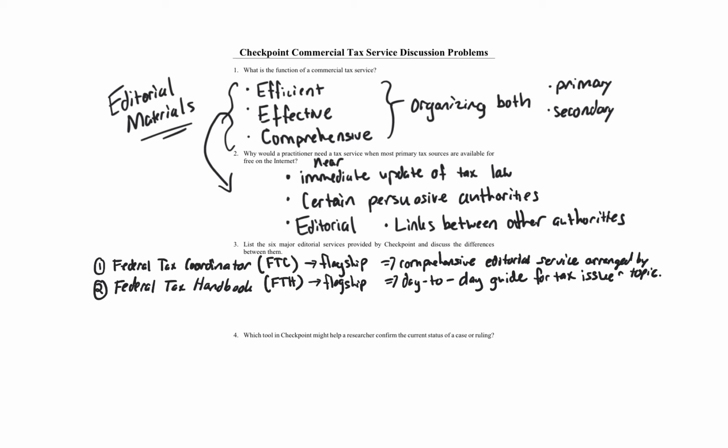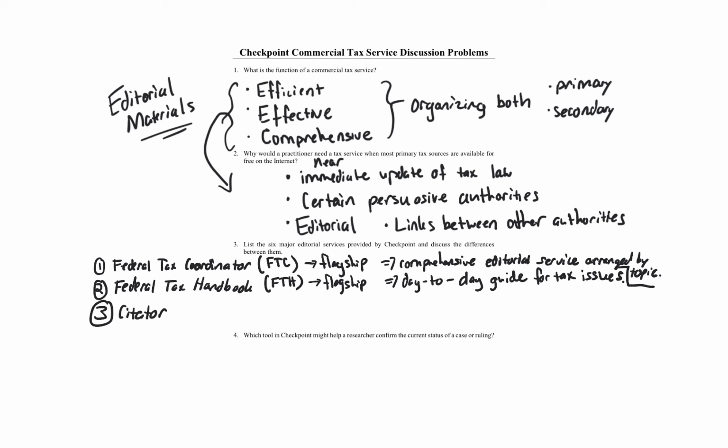One thing you're going to notice with the Federal Tax Coordinator is that it's very comprehensive, it's very big, very long. This is more summarized for just overall issues that you're more likely to see regularly. The Federal Tax Coordinator covers even more. So the third thing is the citator.